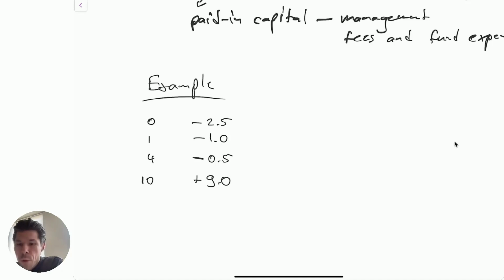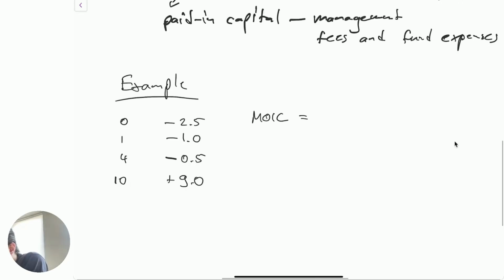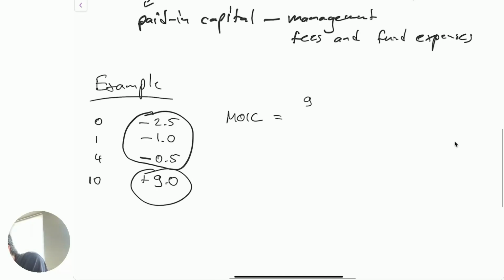Yeah. So if we use our MOIC, what we do is, this is what we have put in, this is what we have put out. So output 9, and here we don't know whether it's unrealized or realized, but that's what we have received and what we are able to distribute.